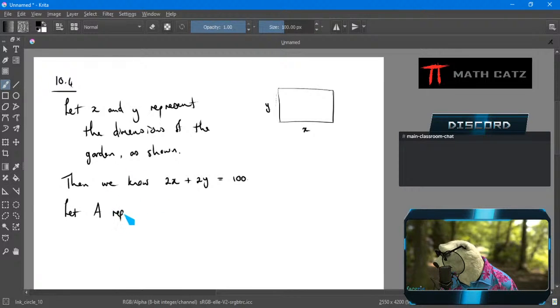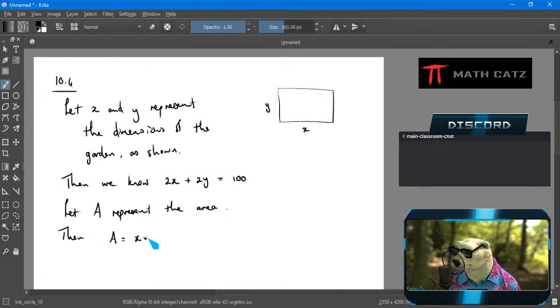Let A represent the area of the garden. You don't have to write your sentence super detailed, but you need a sentence. Any variable that's going to be used needs to be defined before I use it. Then I can say, I'm going to have an area function. And the area is obviously x times y, right?